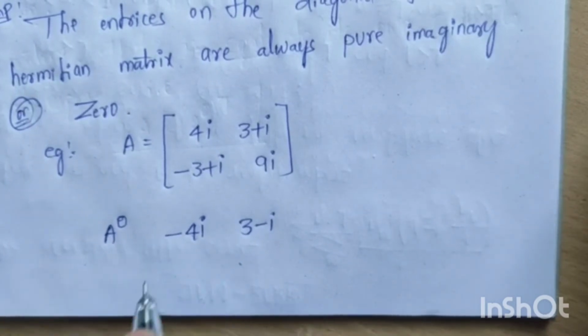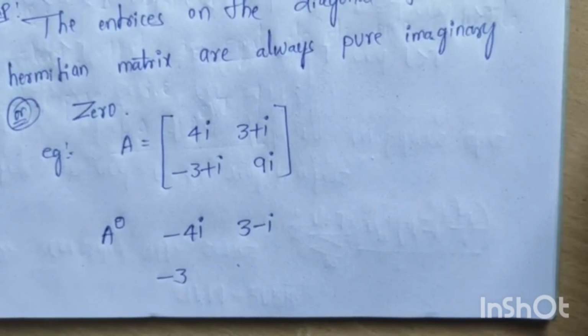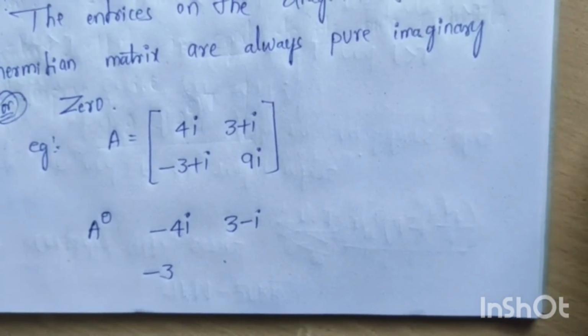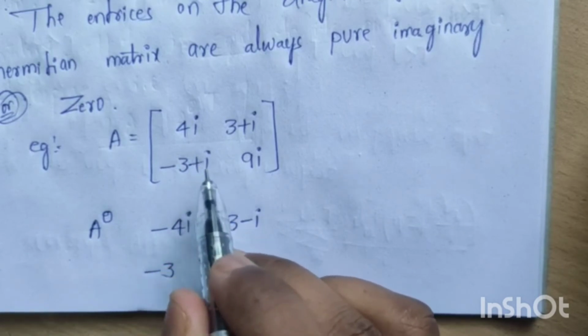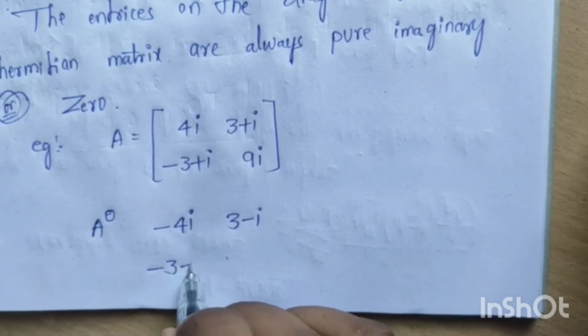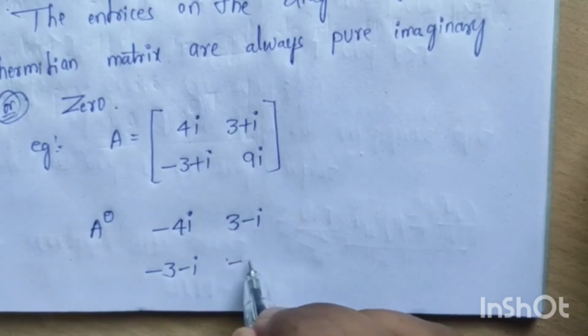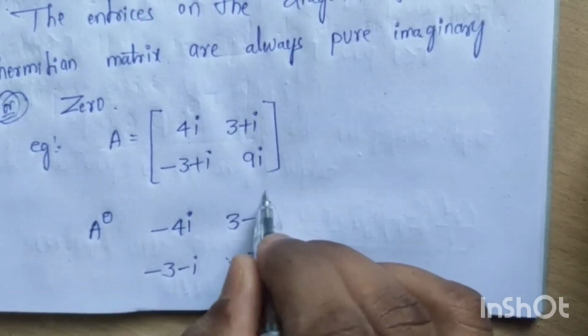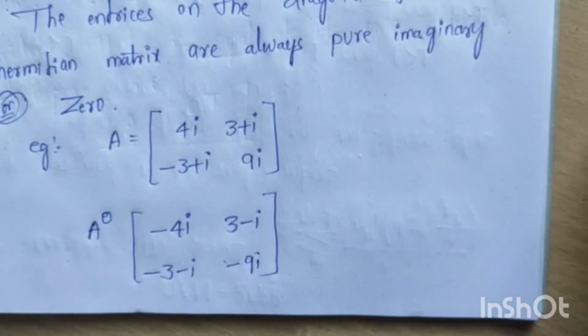In the second row, minus 3 is as it is since it is a real value, and plus i is a complex number, so take minus i. 9i becomes minus 9i. It is the conjugate.